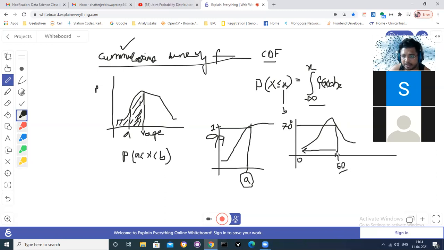The summation of their probabilities is called CDF. Since CDF is always a sum, the CDF graph always looks like this, and at the end it becomes equal to 1, or near to 1.